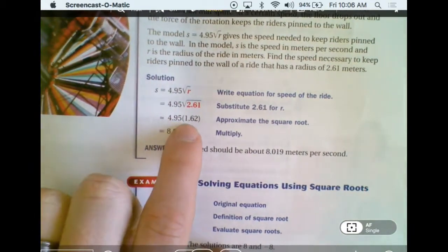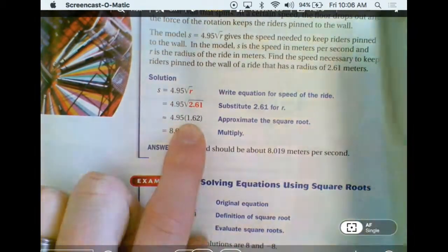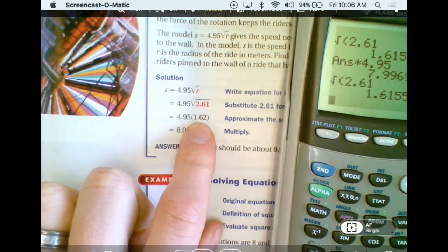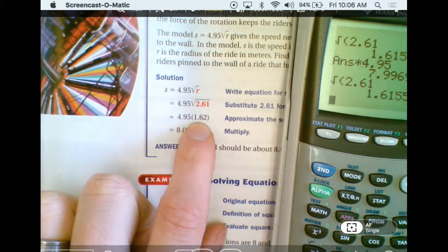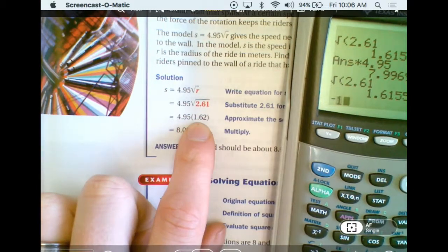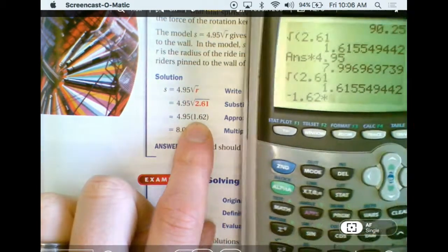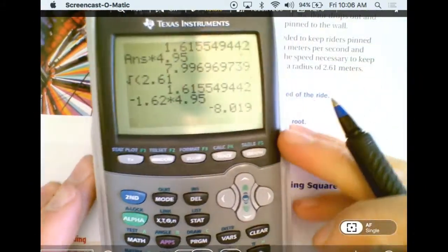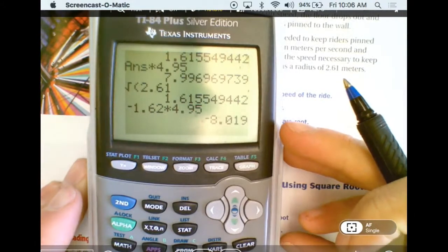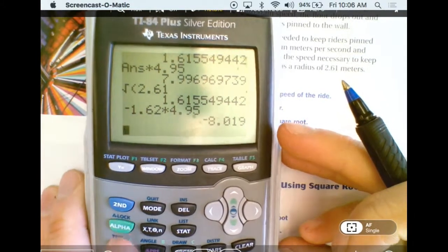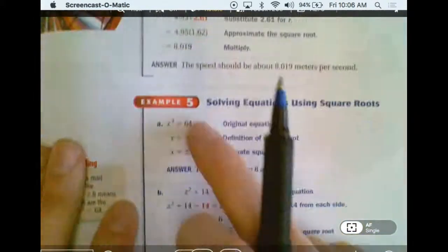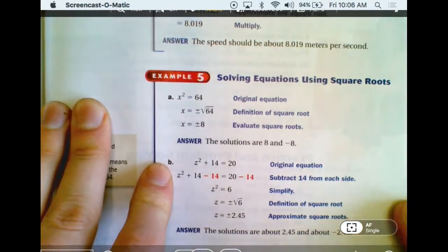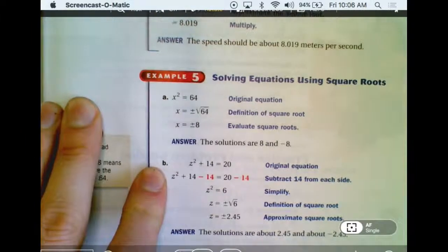In this word problem, if I put plus or minus 1.62, let's say negative 1.62 times 4.95, you can't have a speed of negative 8. It doesn't work. So if you're dealing with just math, put plus or minus. But if you're dealing with shapes or word problems, use the positive.